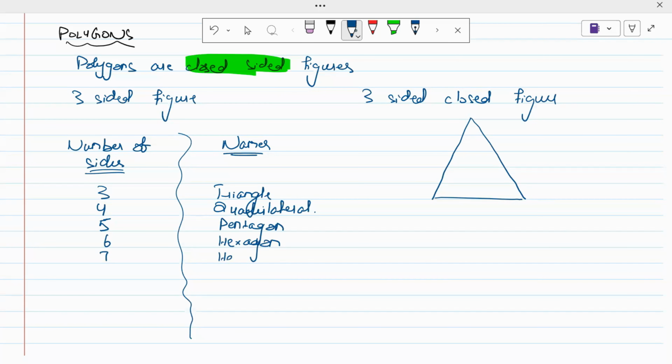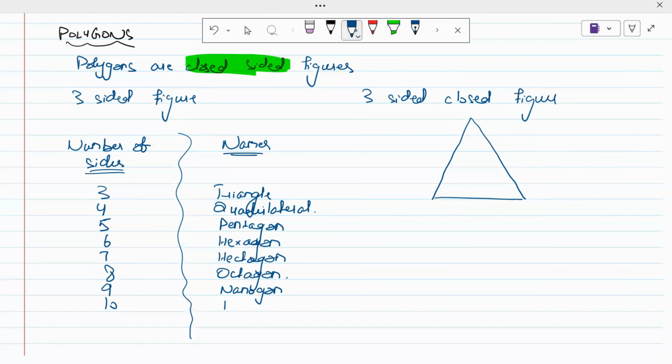7-sided is heptagon. 8-sided is octagon. Remember, an octopus also has 8 legs. So OCT in octopus has been taken from the word octagon. 9 is nonagon.